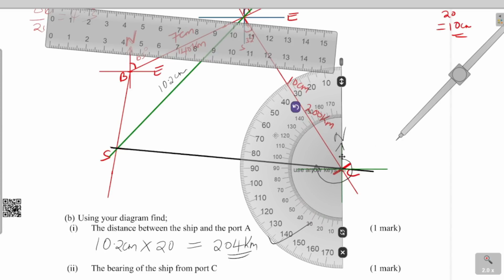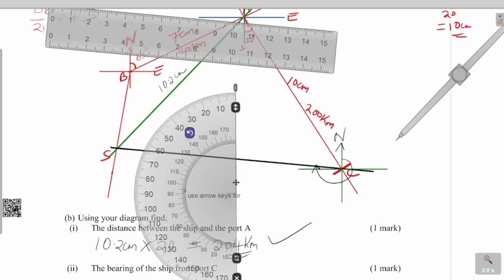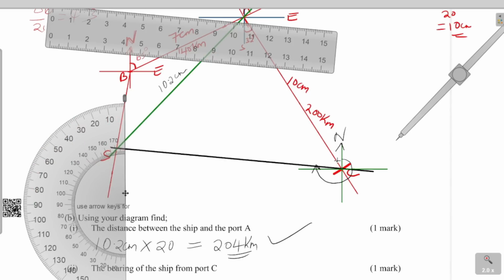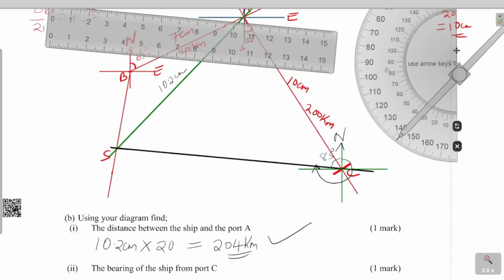You measure this angle here, then you take 360 because you want the whole of this angle, and subtract this angle. This angle is 85. Since this angle is 85, and the bearing is the whole of this angle, it will be 360 subtract 85.